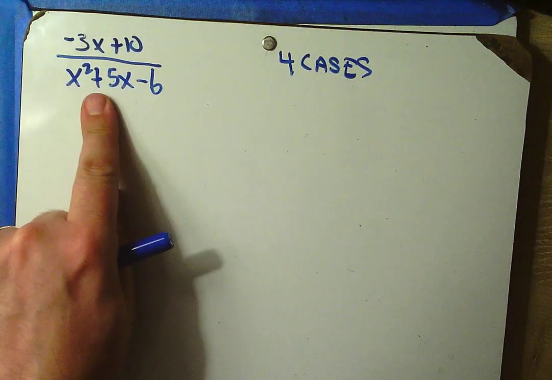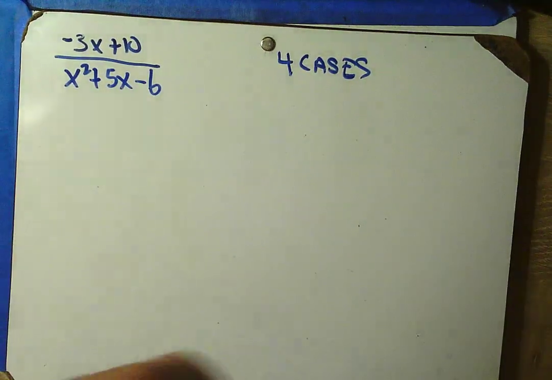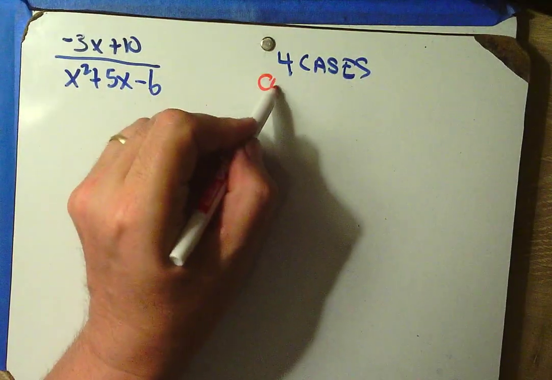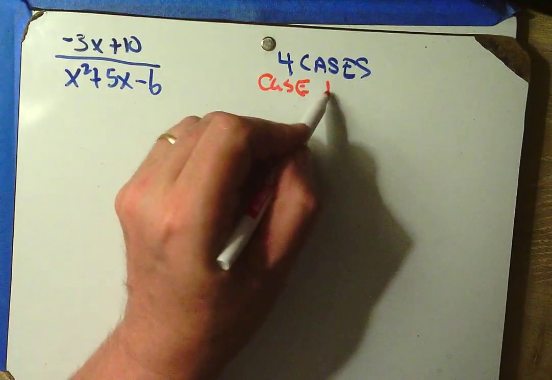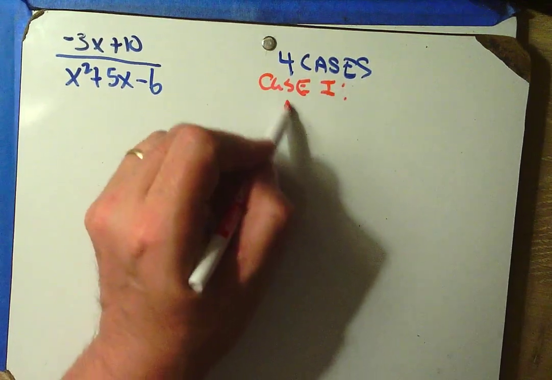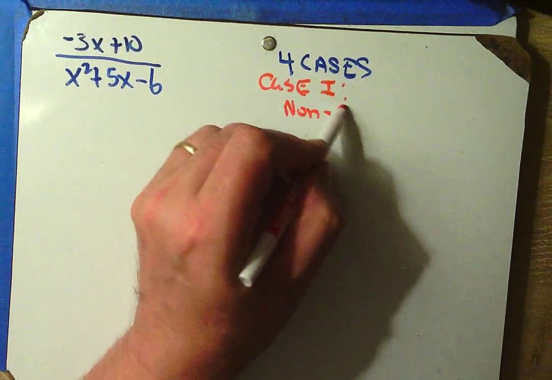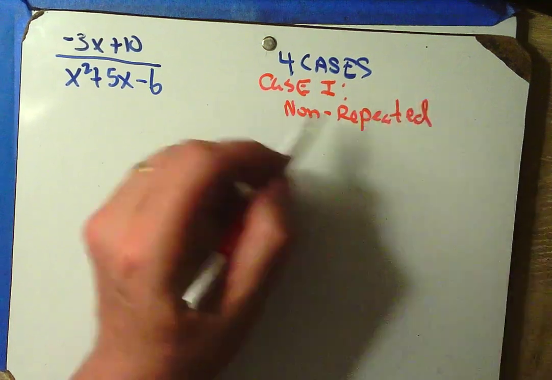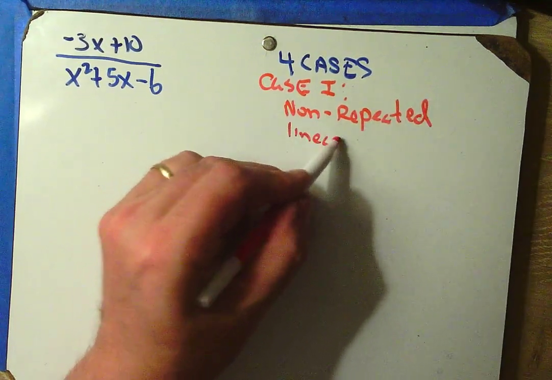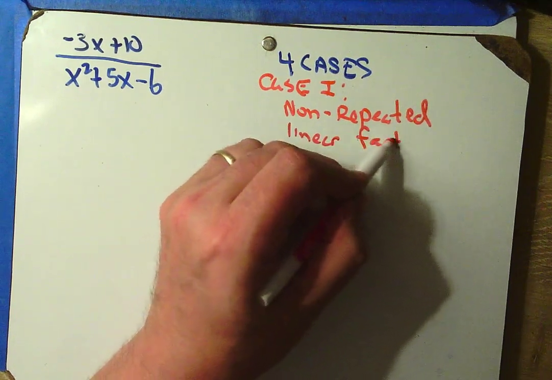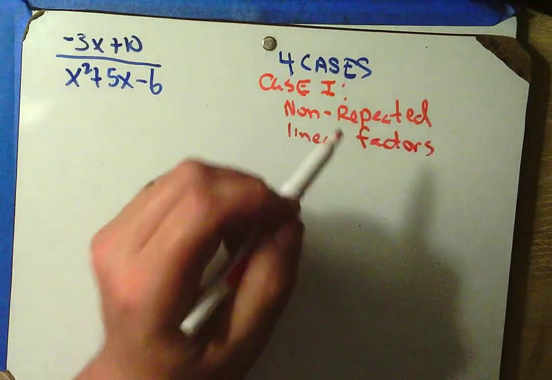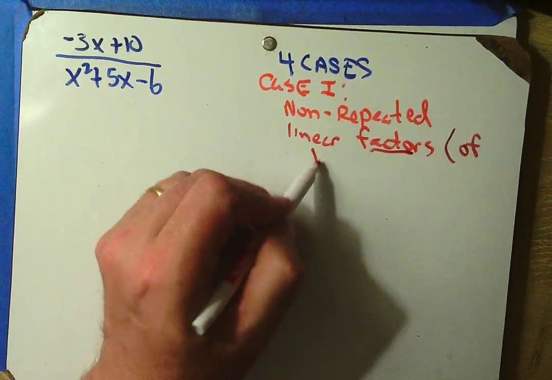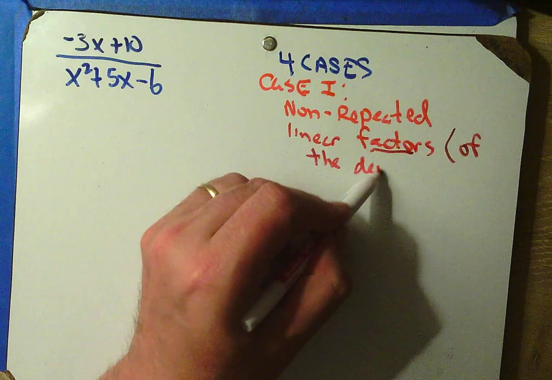Okay, so partial fraction decomposition takes place in 4 cases. And this one is case 1. Case 1 is non-repeated linear factors. Okay? And by factors, we're talking about factors of the denominator.